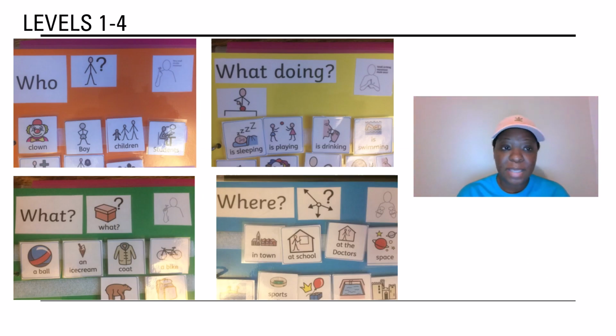So, there are four basic levels to this activity. It is who, what doing, what, and where, broken down also into orange, yellow, green, and blue categories. We'll introduce first who, which is orange. We'll show them a variety of picture clips, and we'll also show them the sentence strip that it should be applied to.